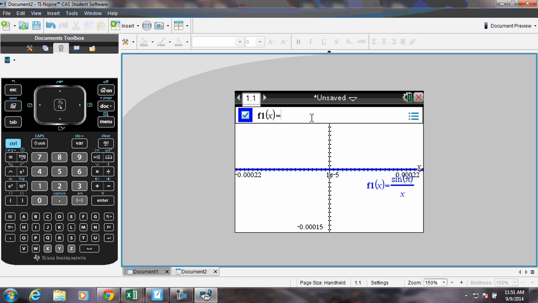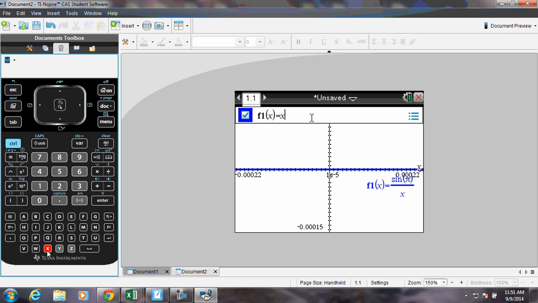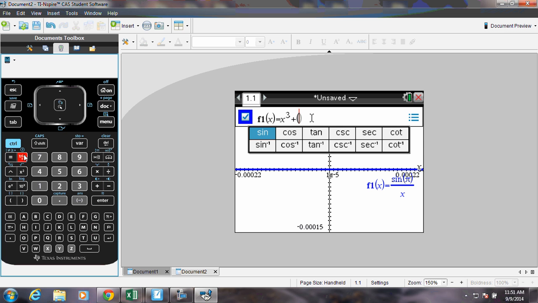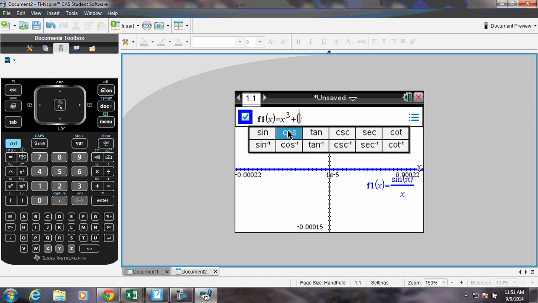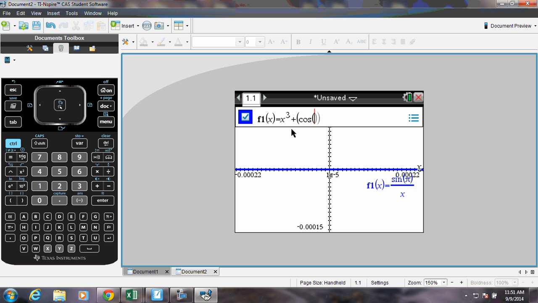And then we had x cubed, arrow over, plus cosine of, it was 3x, wasn't it?